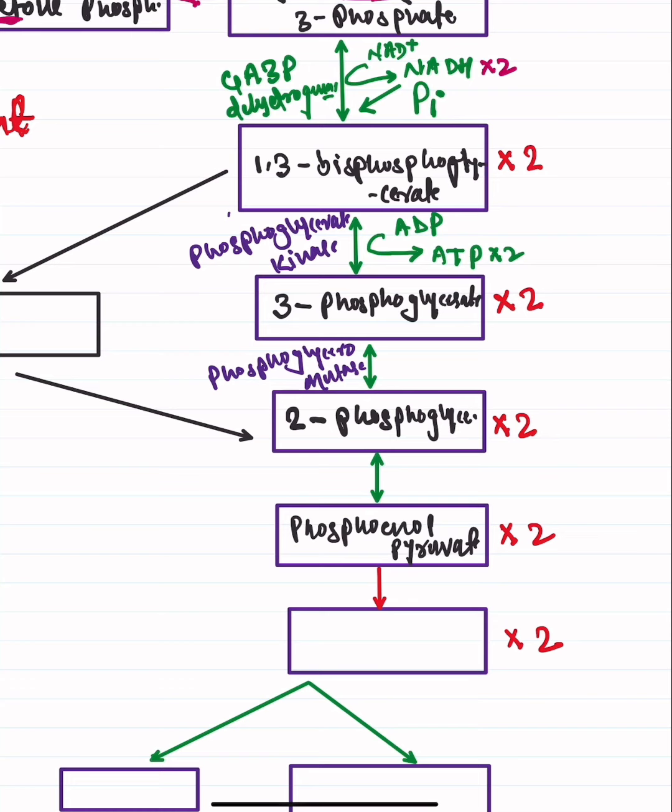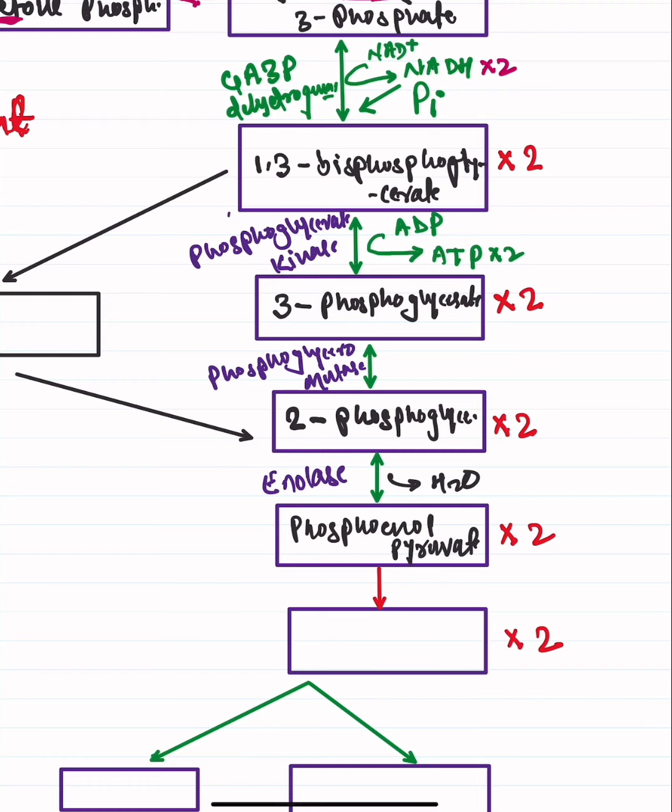You will get questions from here. Name of the enzyme here is enolase, right? And 1 molecule of water, of course, if it's 2, then it's 2 molecules of water, will get removed here.